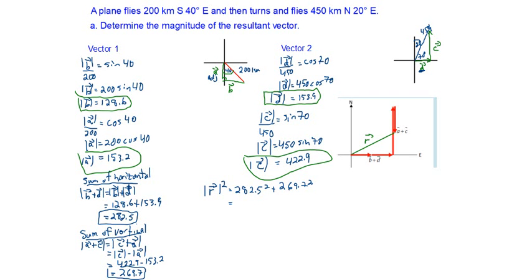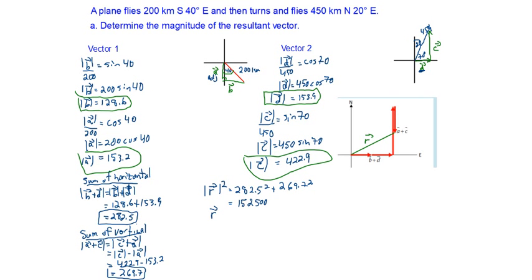And when we add those together, we'll get approximately 152,500, just like we did last time. Now you might notice that if you take those numbers and square them and add them, you may not get exactly that. I kept more decimals in my calculator, but if you didn't, that's okay. You'll get approximately the same answer. All right, that's the resultant squared.